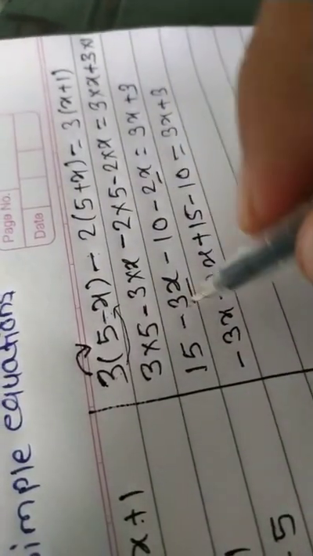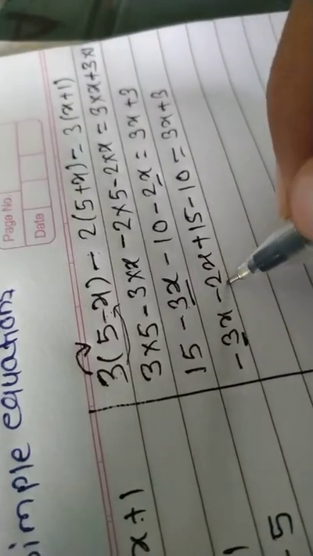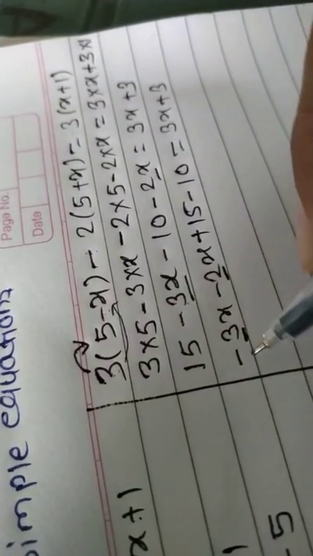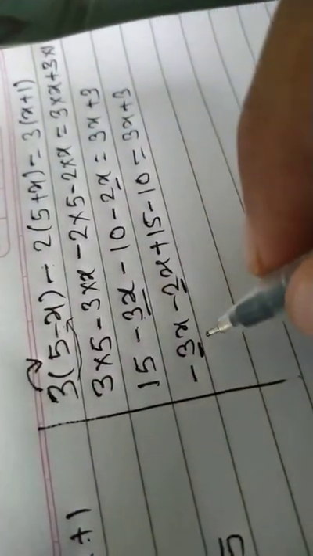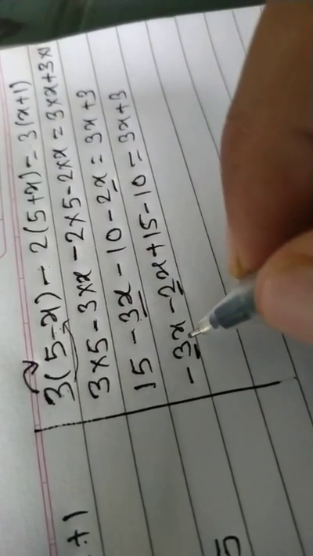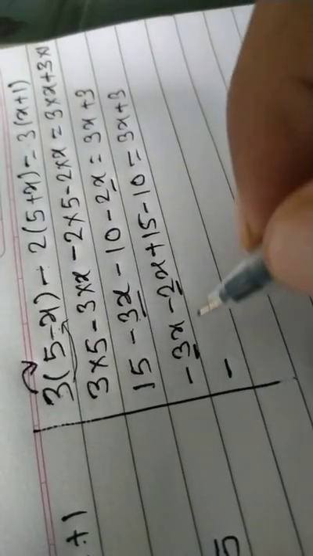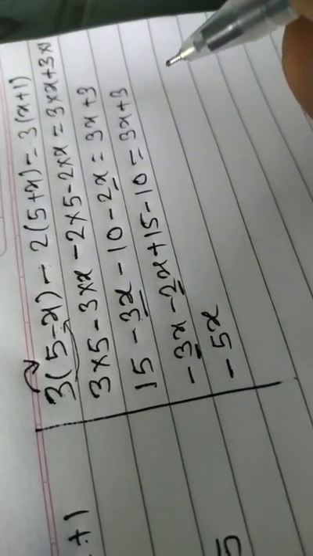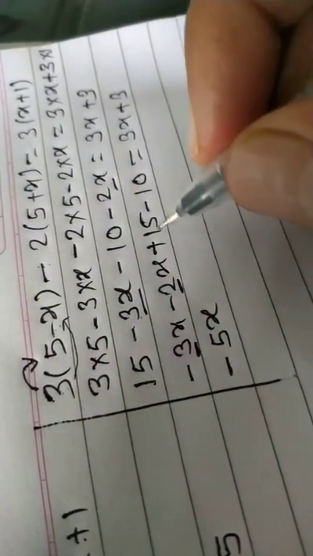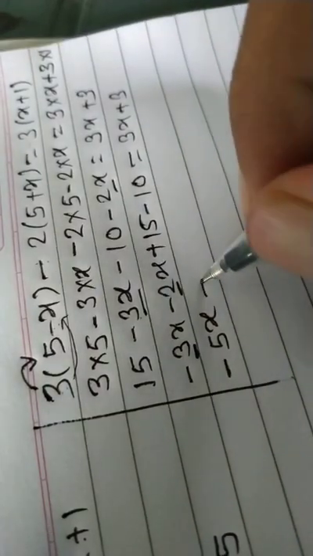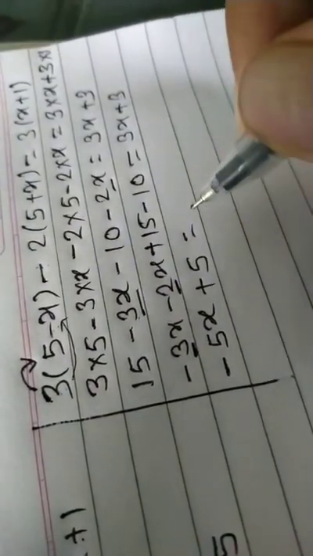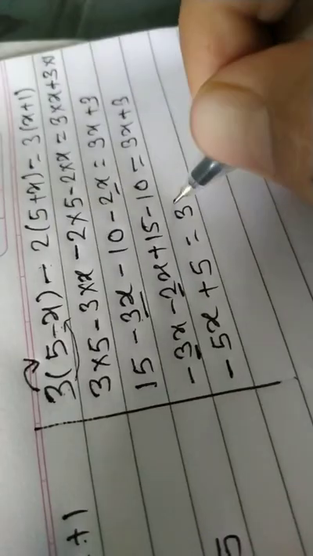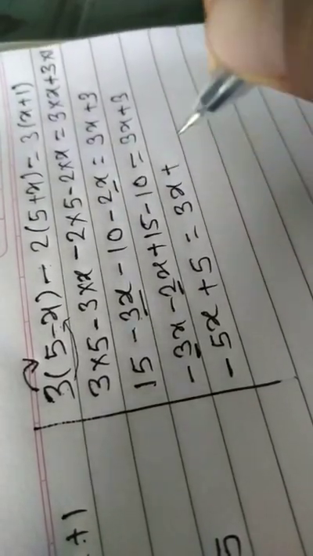Both signs of x are minus, the same, so when the sign is the same we add the numbers and give the common sign, which is minus. 3 plus 2 is 5x, so minus 5x. Here 15 minus 10 is 5, is equal to 3x plus 3.